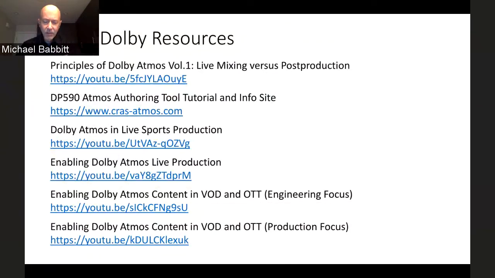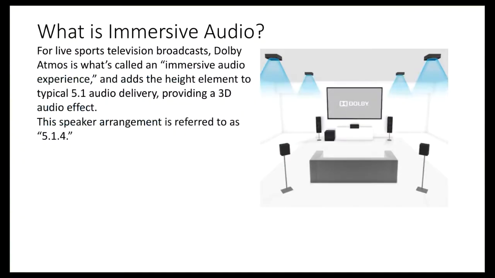As I like to start with all my webinars, a little level setting of what is immersive audio. As I've said before, immersive audio adds the upper plane, a ceiling, if you will, audio source for your 5.1 programs.